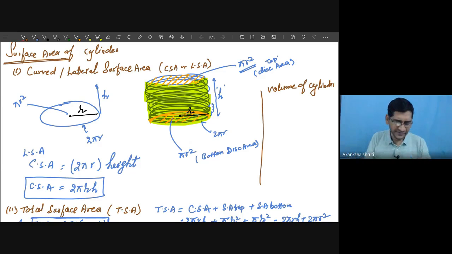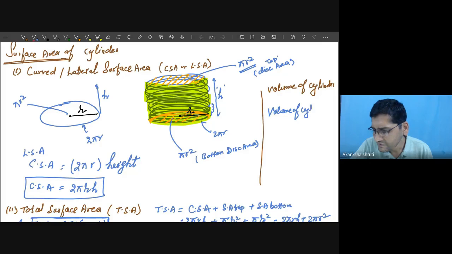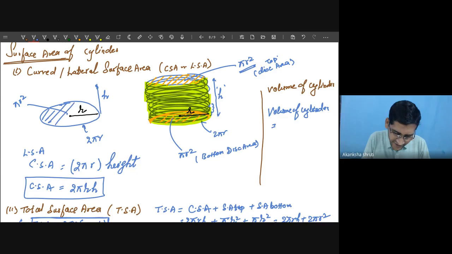It's so simple. So we can write here volume of cylinder is equal to the area of one of the disks, and that area has to be multiplied up to h times, this time for getting the volume.